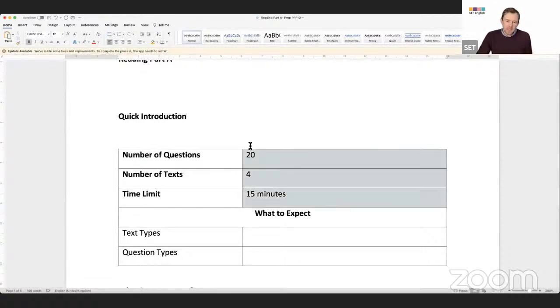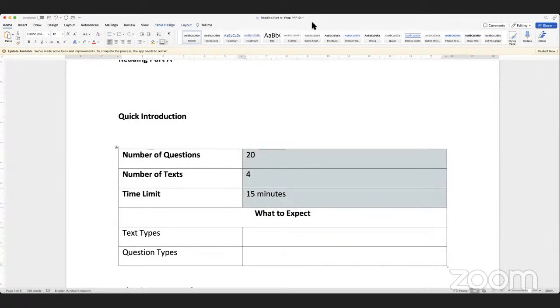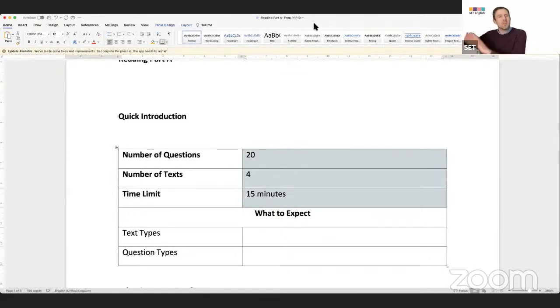So what we should be thinking about is, how am I doing it? Am I using the same skills as in reading part C? No. I would suggest that you use some of the skills from part C in part A, but some of the skills in part C you don't need in part A. If you think part C is about building up understanding and meaning and complex ideas through multiple sentences, there's not much of that in reading part A. In fact, these are all functional documents, and we should be able to identify which text we want to go to get the information.